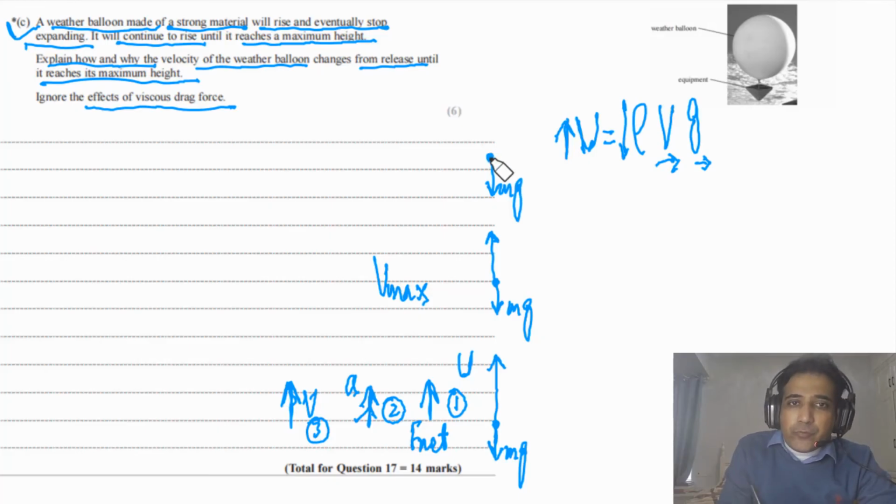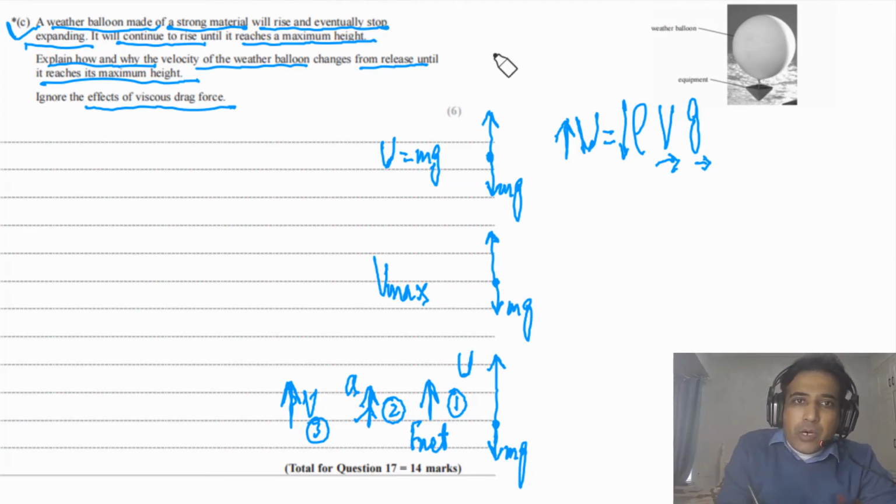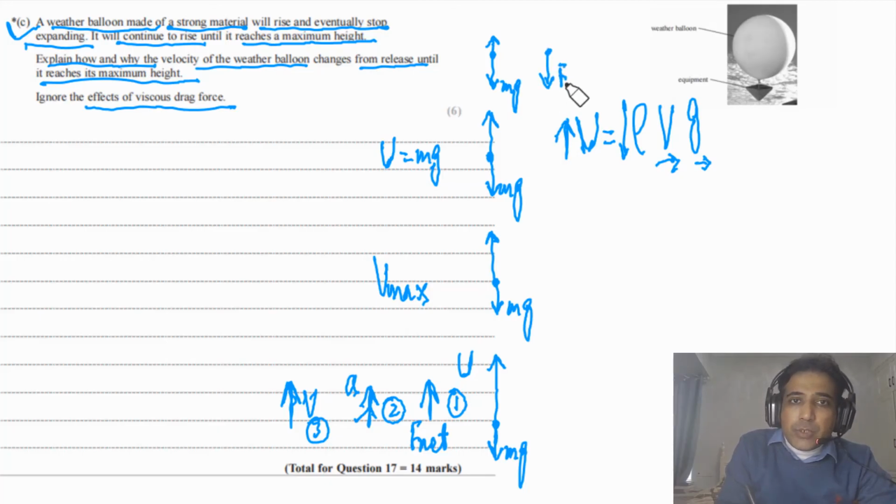Then it will finally reach a point where upthrust is equal to mg. So at this point we can say upthrust is equal to mg. But when this balloon goes further up, upthrust is smaller. Upthrust keeps on decreasing, because when the balloon is rising, density is decreasing. So at this instant the net force is in the downward direction, so it will decelerate.